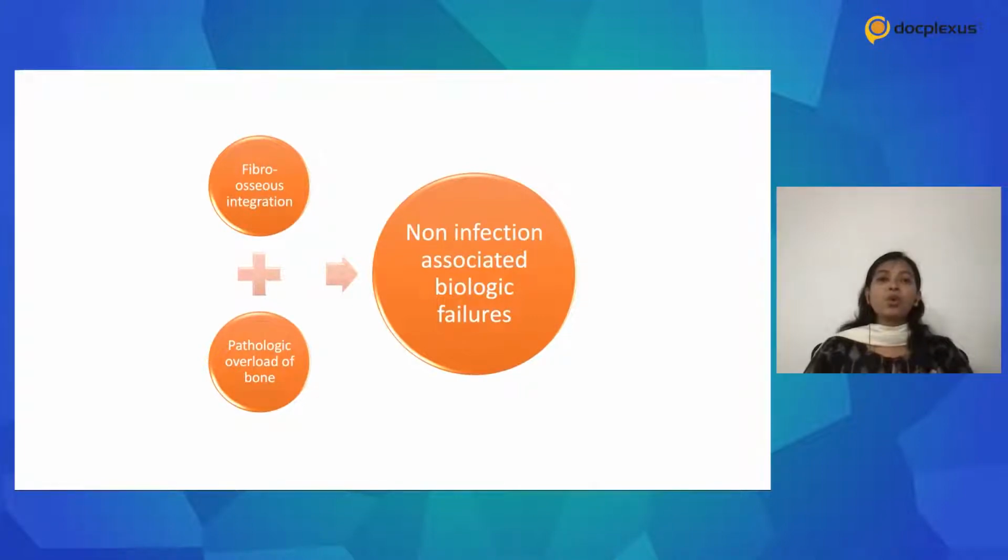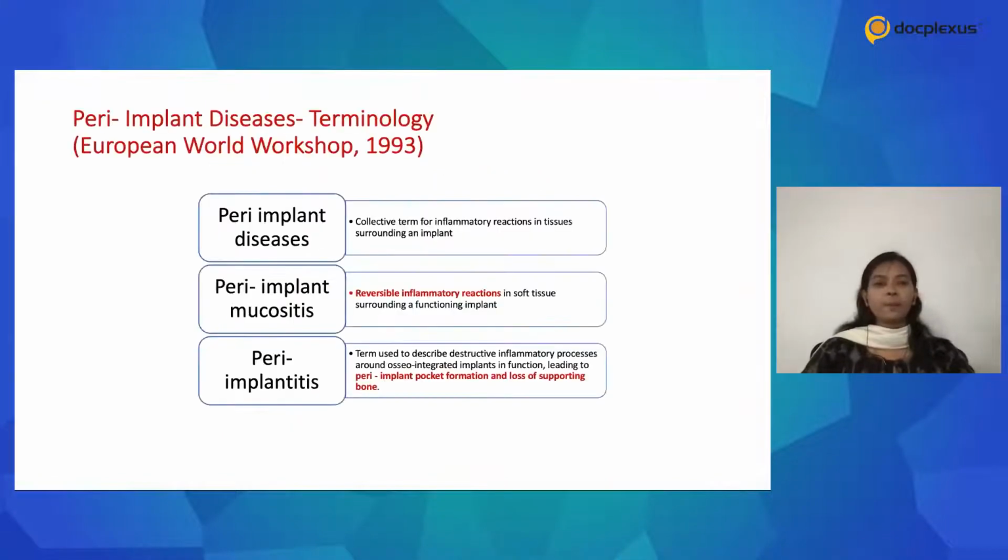When there is no osseointegration, there is fibro-osseous integration instead. So instead of the bone, the fibers are playing a role in integrating the implant to the bone. That will also lead to non-infection associated biologic failures. Apart from that, pathologic overload of the bone can also lead to non-infection associated biologic failures.